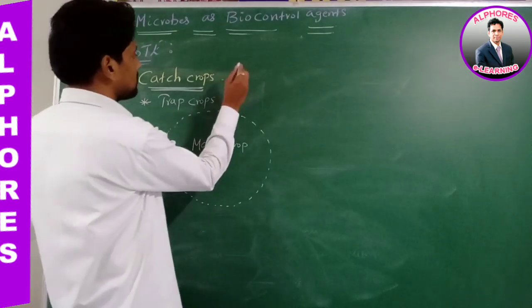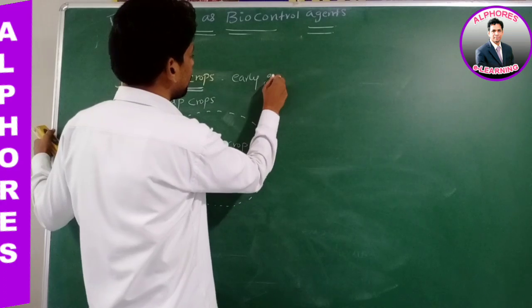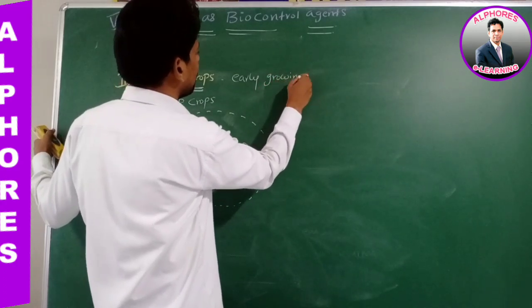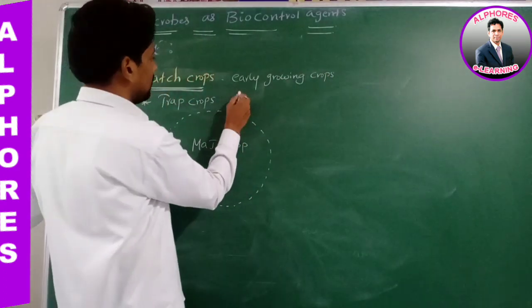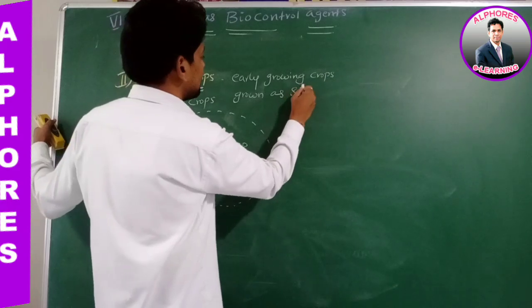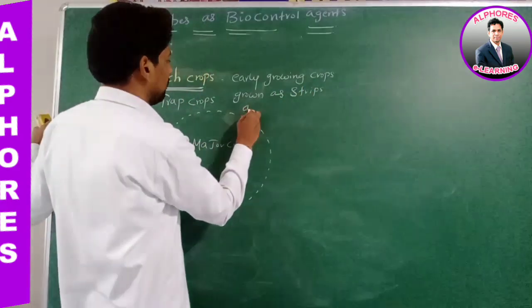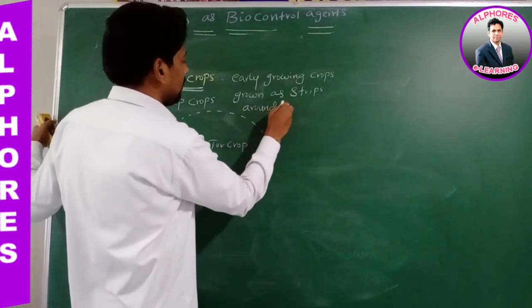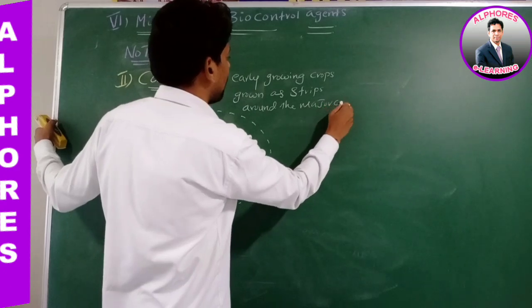Therefore, catch crops are early growing crops grown as strips around the major crop.